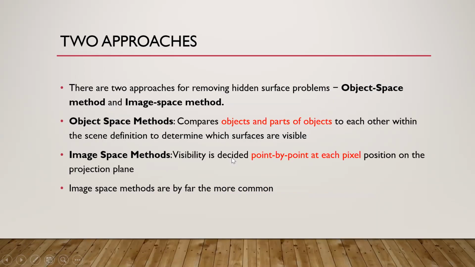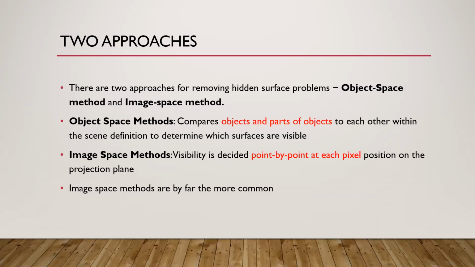Clear? Okay. And there are two approaches to find out surfaces which are hidden. The first approach is called the object space method, and the second approach is called the image space method. Now what is the object space method? In the object space method, you're going to consider parts of the object. Like if you take a cube, you're going to have faces of the cube.